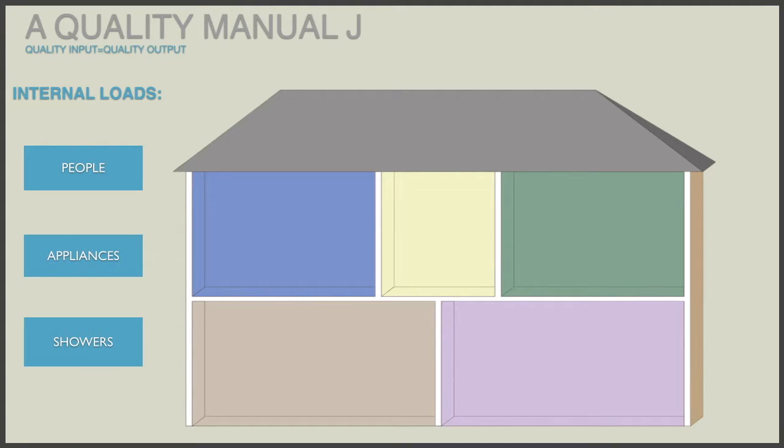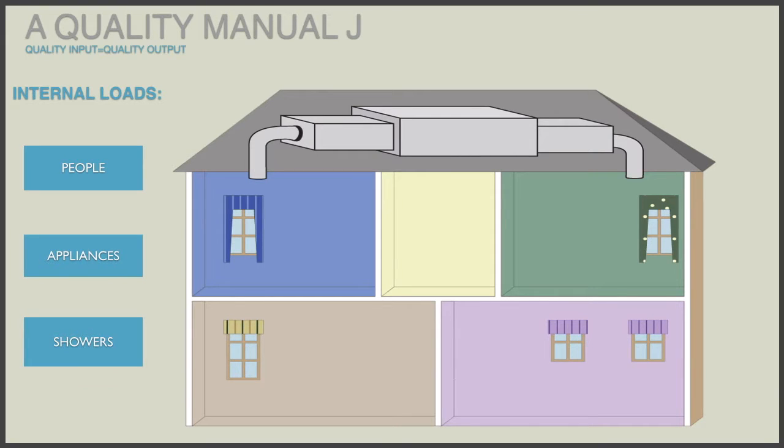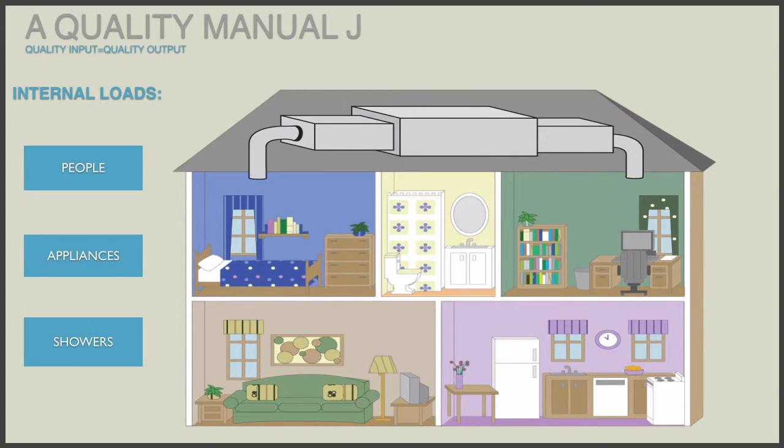Okay, welcome back. So here we're talking about internal loads because this is another really important input that goes into the load calculation. And so what are we talking about when we're talking about internal loads? We're talking about people, appliances, any source of humidity or moisture like showers, utilities, appliances.